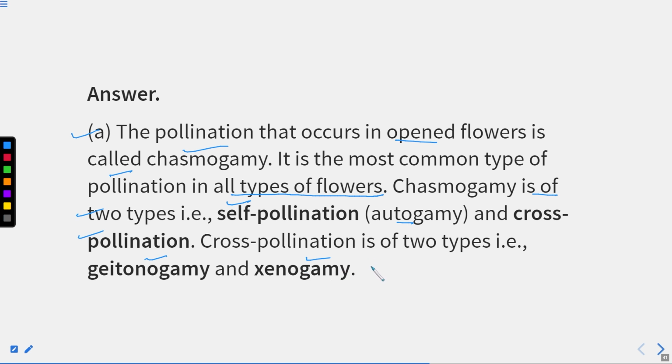In xenogamy the pollens are transferred to the stigma of another flower. This also happens in geitonogamy, but there the flower is on the same plant, while in xenogamy it is present on a different plant. So this is the difference between geitonogamy and xenogamy.